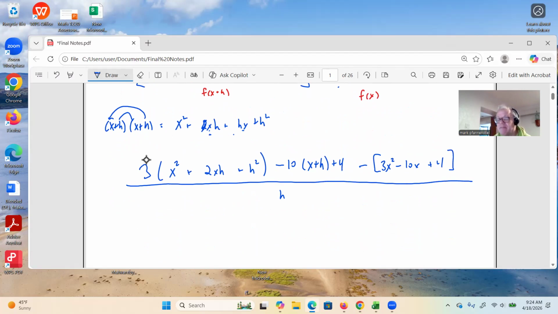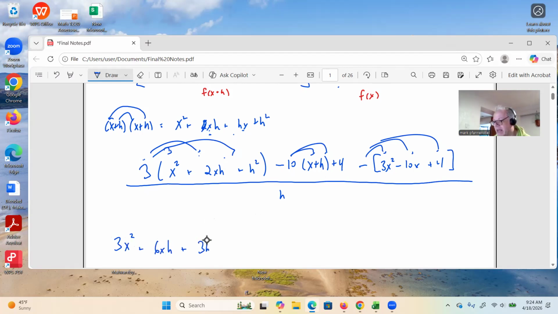So next step is I'm going to expand these coefficients to everything I possibly can. So all of this stuff is going to get multiplied out. This negative sign is going to get multiplied out. So this is going to be 3x squared plus 6xh plus 3h squared minus 10x minus 10h.